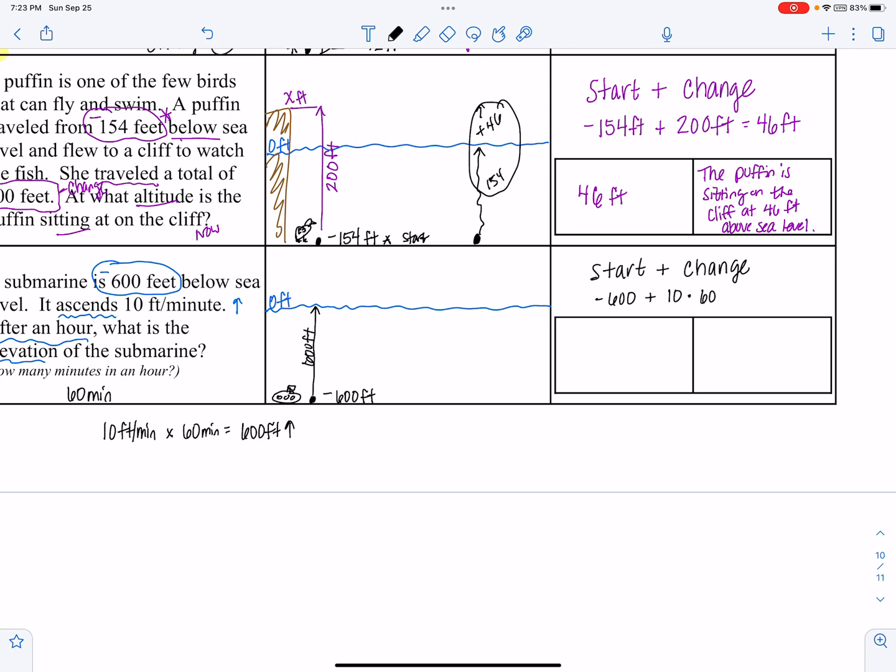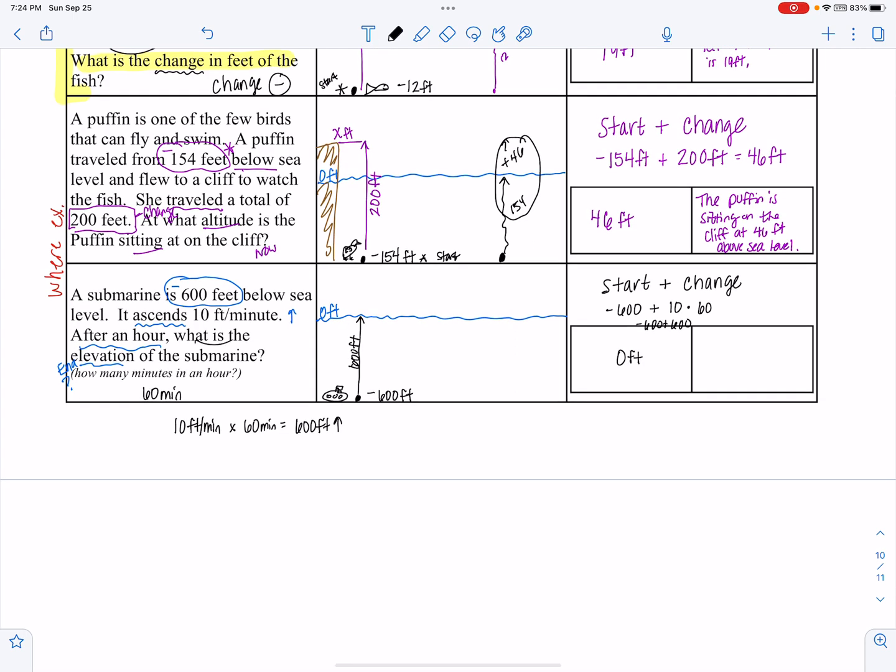You don't have to put that in parentheses just because of order of operations. It's up to you, though. I'm just going to leave it. Because of order of operations, I do the 10 times 60 first, and I get the 600. And so we have negative 600 plus 600, and I know different signs subtract. 600 minus 600 is 0, and so we end up with 0 feet is our ending location.